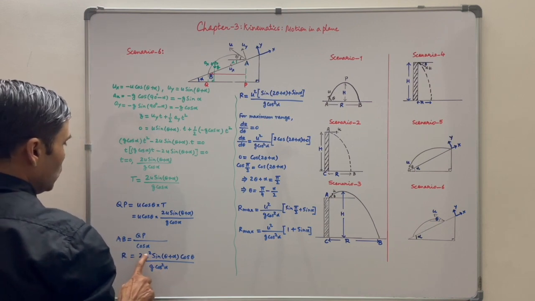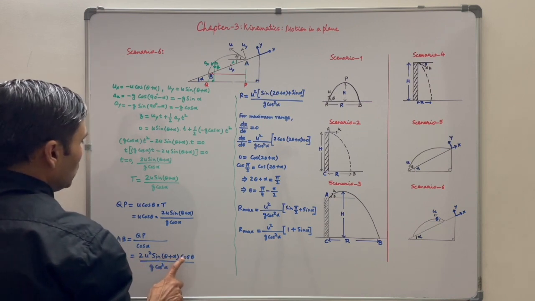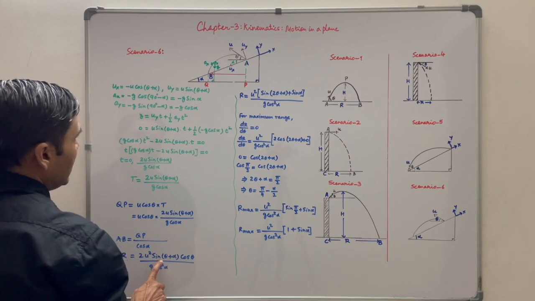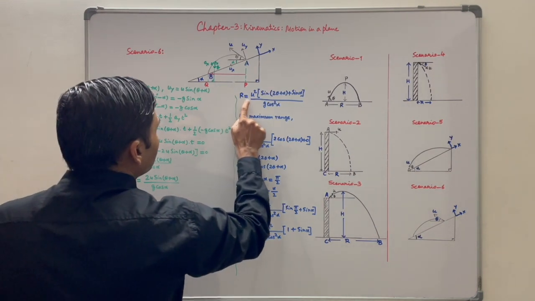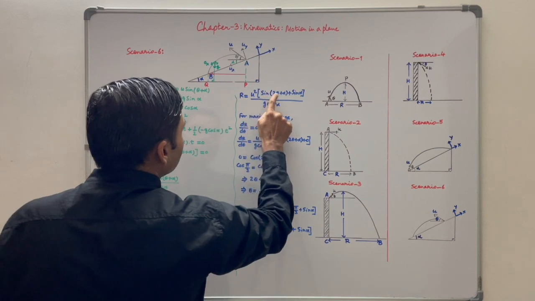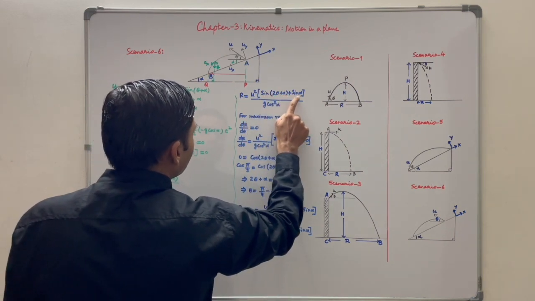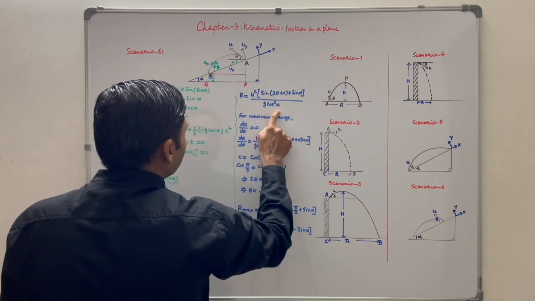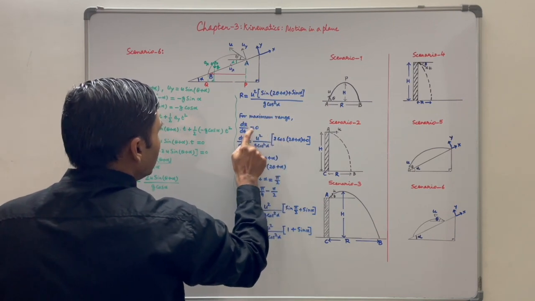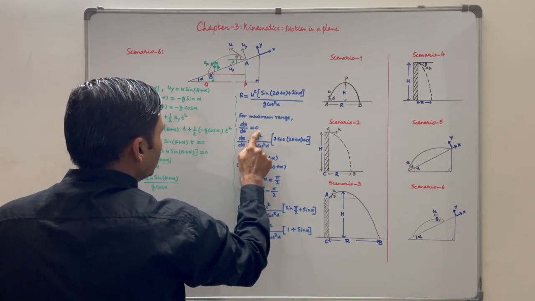We know that 2 sin A cos B is equal to sin(A + B) plus sin(A − B). So R is equal to u² into [sin(2θ + α) + sin α] upon g cos²α. For maximum range, dR upon dθ is equal to 0.